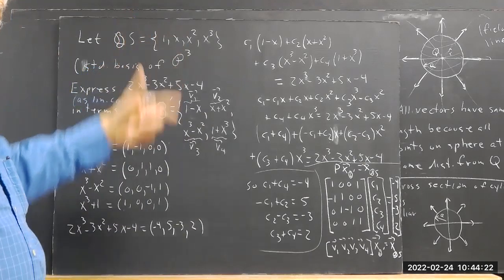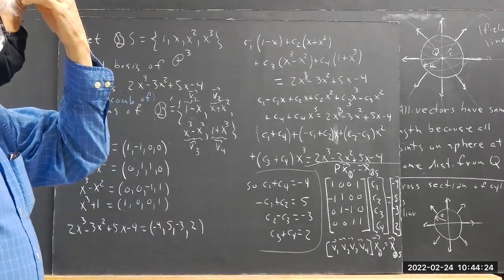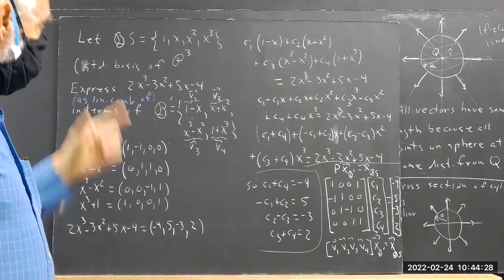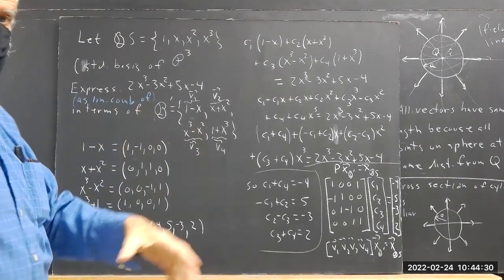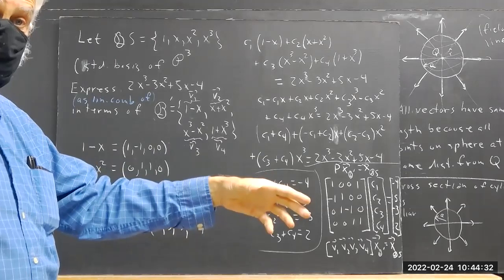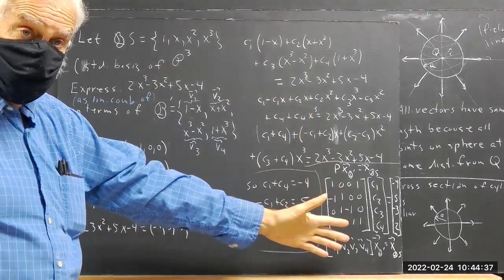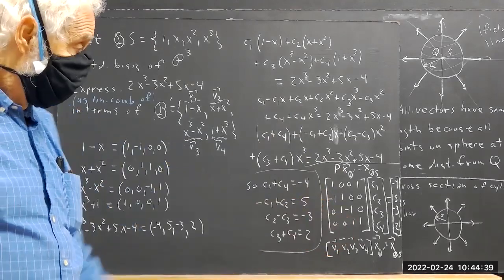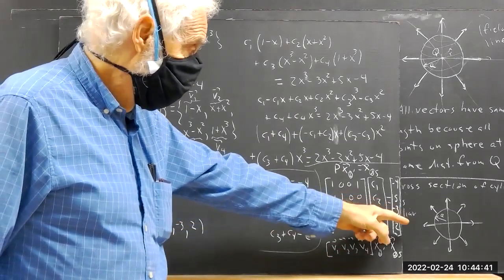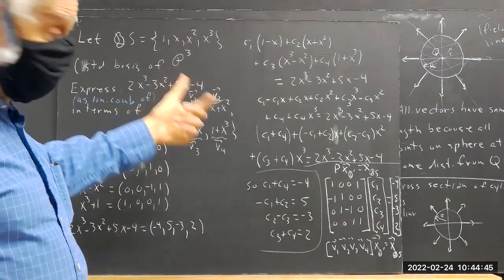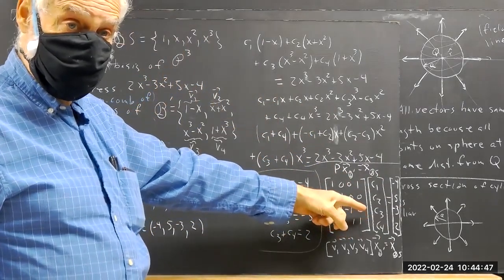So we do have a basis. That basis can be identified with the standard basis of R4 in such a way that everything gets written out outside. And now you're just working in R4, but then you translate back to what this means in terms of P3. Right here, we're working in R4.